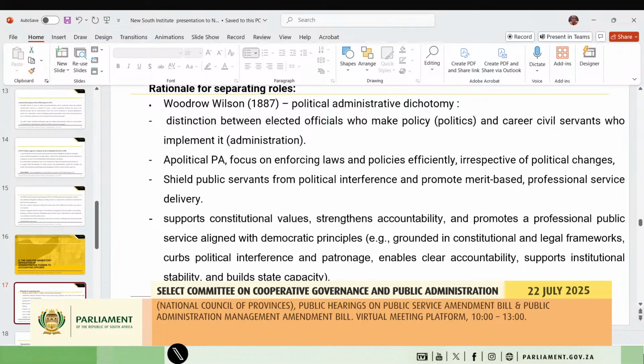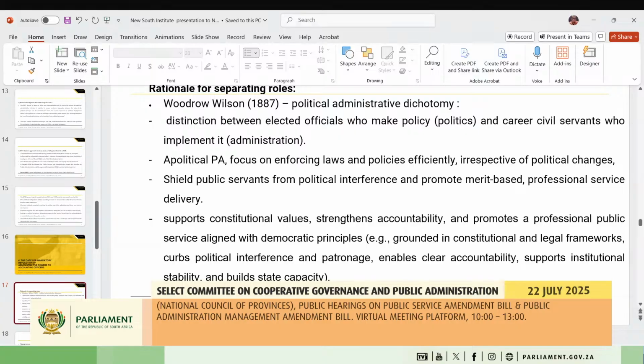There's always an overlap between the two, but it's important that that overlap is managed, because also administrators bring the technical capability in terms of policy development work. Also, Woodrow Wilson says public administration must be apolitical. It must focus on enforcing laws and policies efficiently, irrespective of political loyalty.